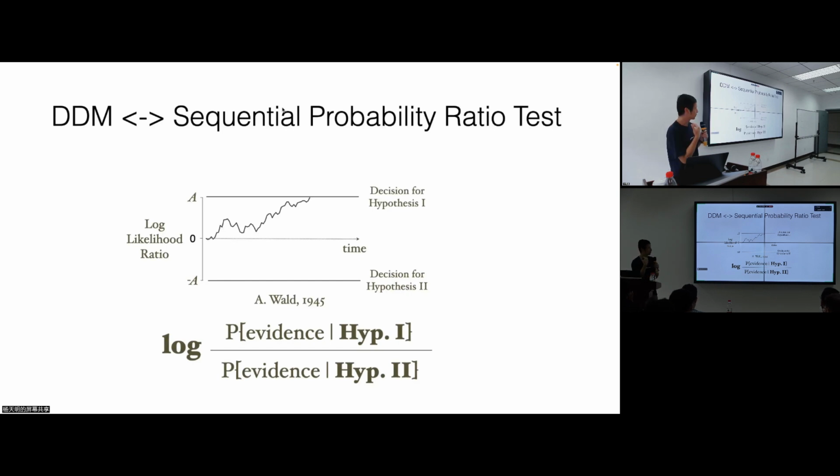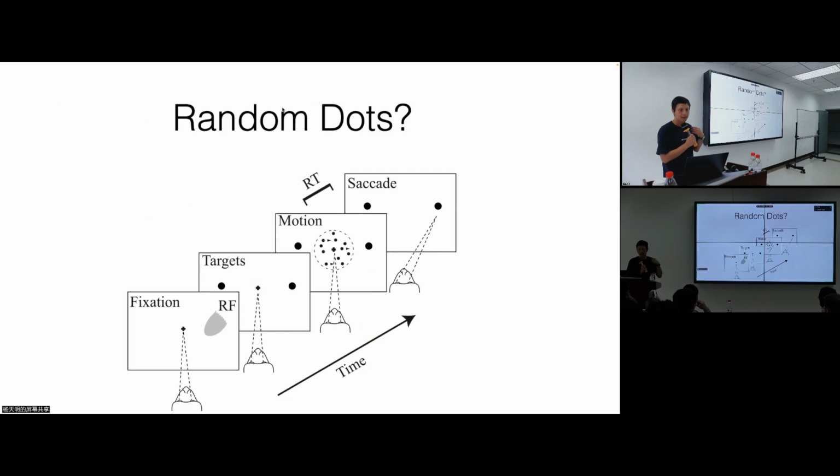The next thing we want to know is whether the brain actually does this. Do we compute log likelihood ratio in the brain or not? So I'm going to show you a bunch of studies to prove that. Last time I talked about the random dot experiment.